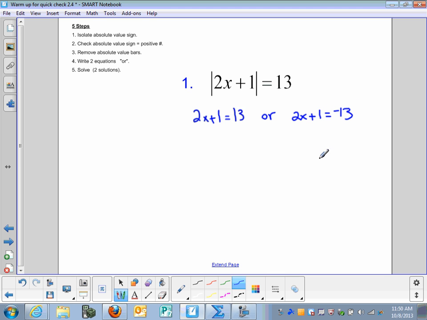So that's step 4. And step 5 is solve. So our solution, x is equal to negative 7 or 6.